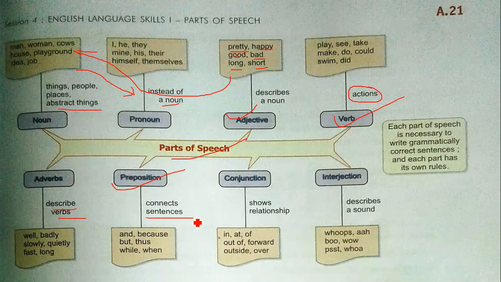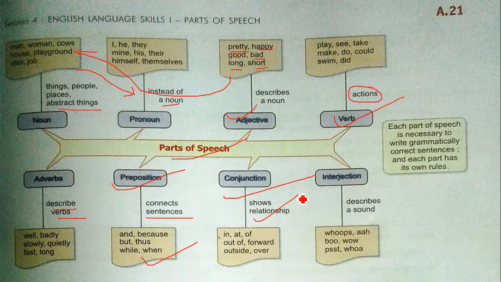The next one is conjunction, which connects the sentences: and, because, but, thus, while, when. These are the words which we use to connect sentences together. Different small sentences connect together with the help of these. Now preposition shows the relationship with the verb, adverb, adjectives in between, like in, at, of, out to, forward, outside, over.